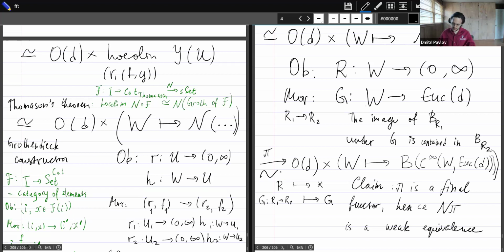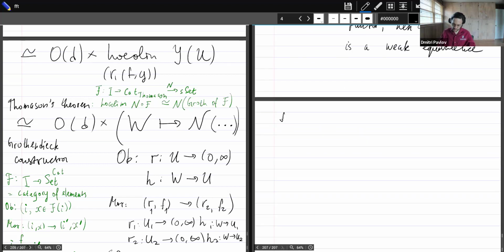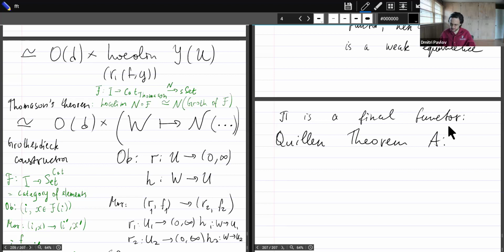So this map is a weak equivalence here. Well, how can we see that pi is a final functor? That's what is called Quillen's theorem A. It's a criterion for final functors.